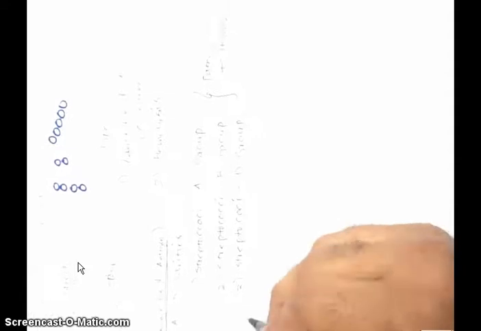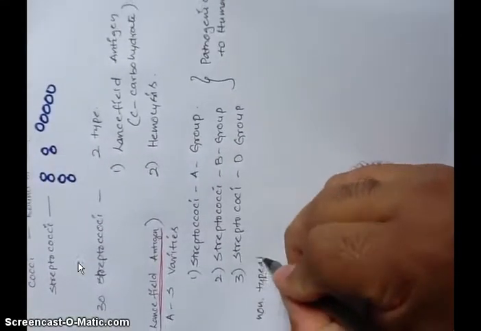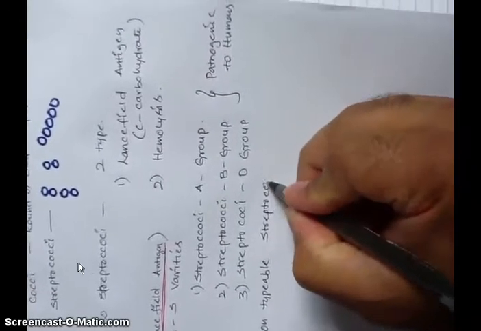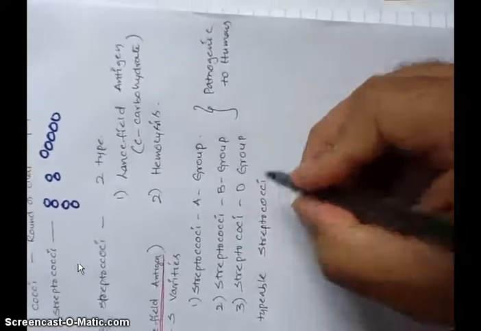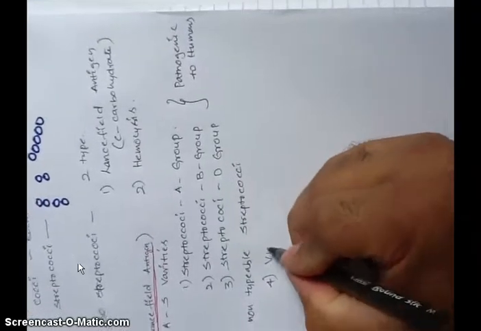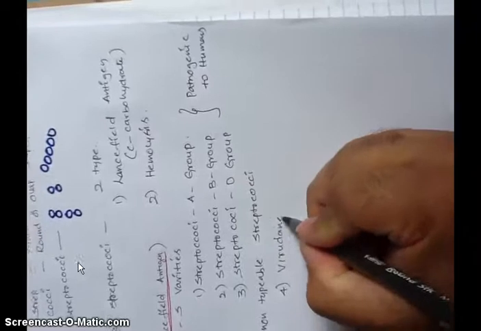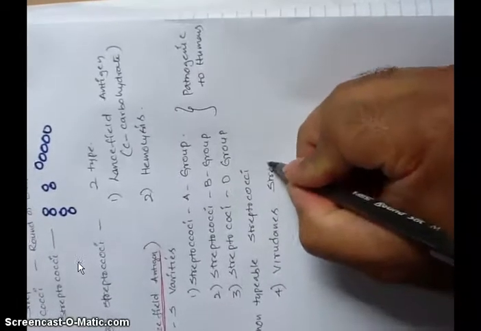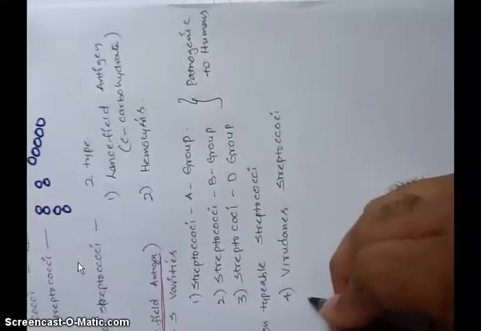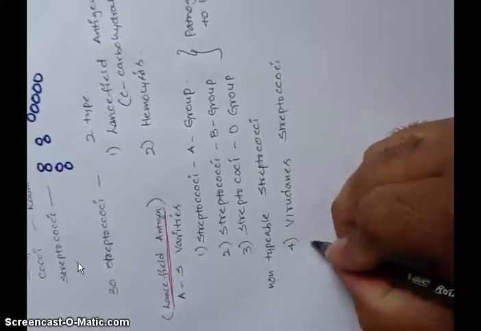There are also non-typable streptococci that can cause infection. That means they won't have a C carbohydrate. One is the viridans streptococci, which won't have the C carbohydrate on their cell wall.